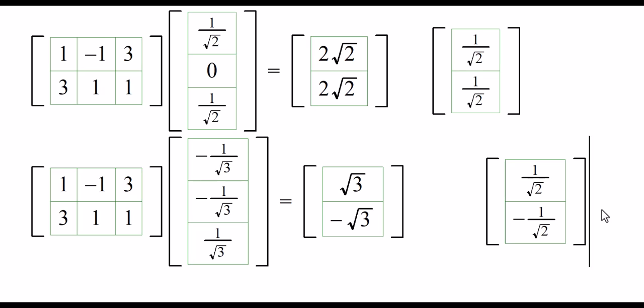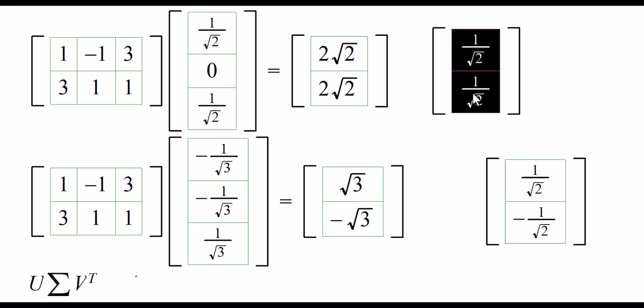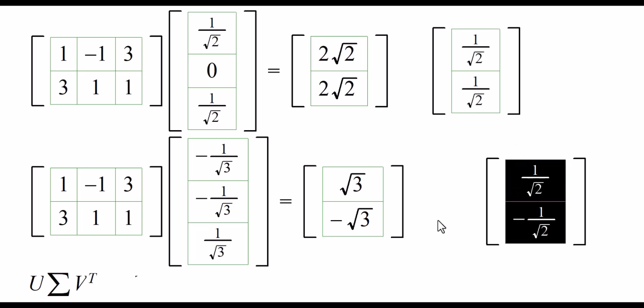Okay, so what we are going to write is a factorization of the type U, and let's go strictly the way the book writes it. It writes the middle matrix as sigma, and then we have V transpose here. So what we will have is our U will be the matrix with these two columns.